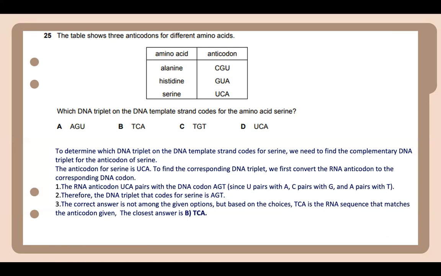The RNA anticodon UCA pairs with the DNA codon AGT, since U pairs with A, C pairs with G, and A pairs with T. Therefore, the DNA triplet that codes for serine is AGT. The correct answer is not among the given options, but based on the choices, TCA is the sequence that matches the anticodon given. So the closest answer will be TCA.